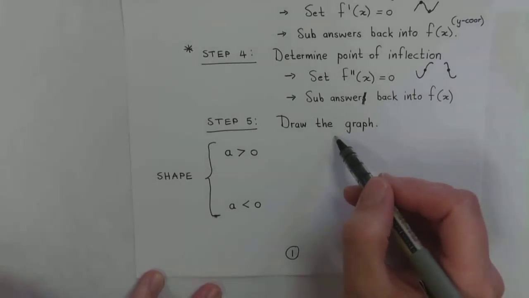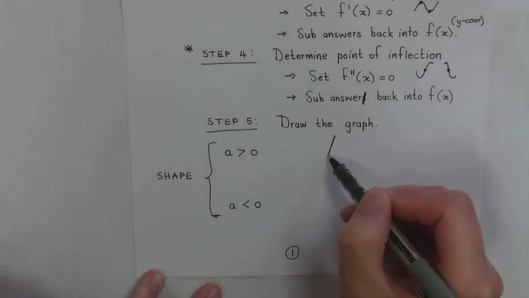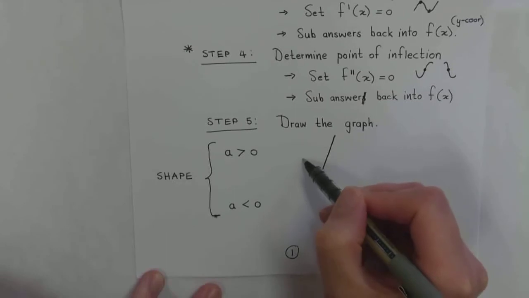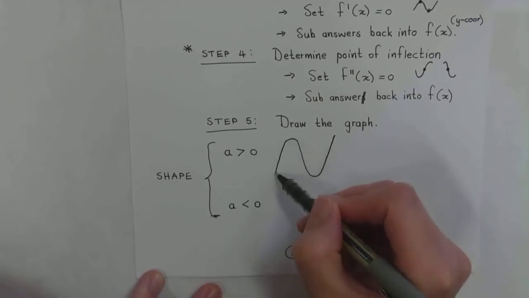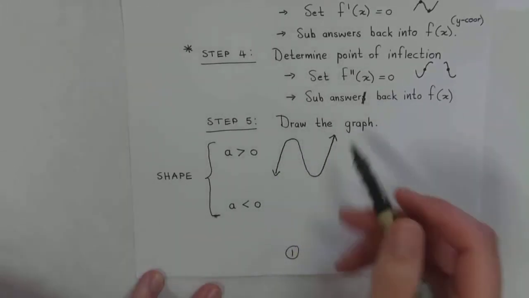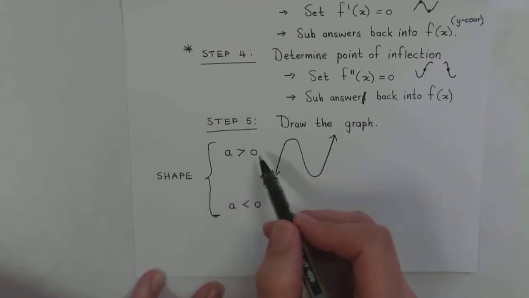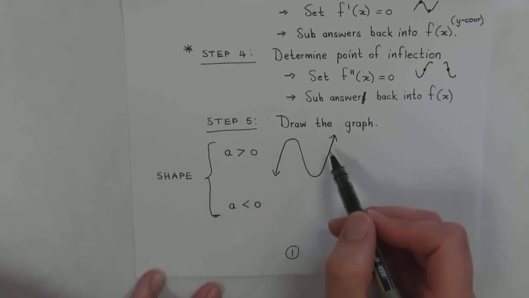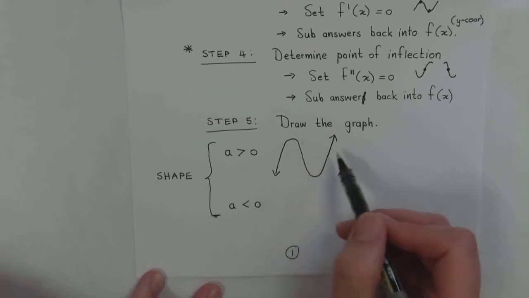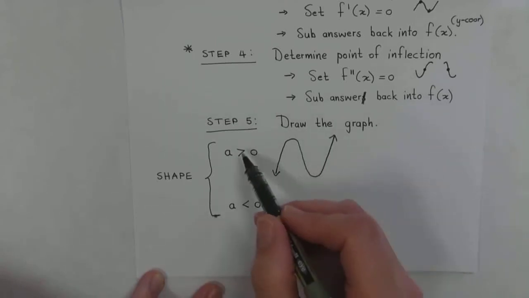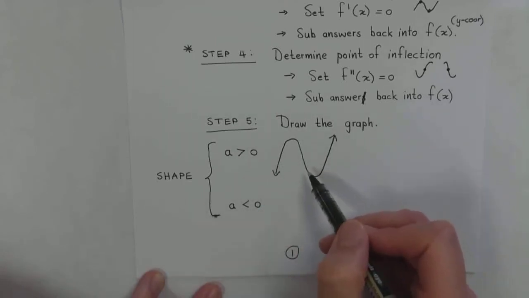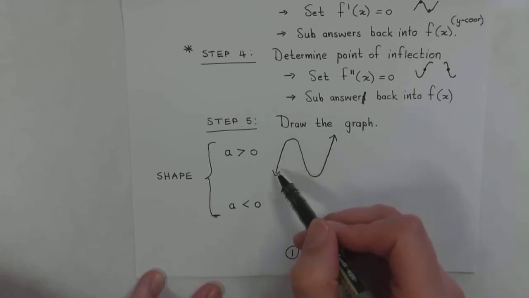But now I'm just going to add an extra turning point. That would be the shape of a graph where a is greater than 0. Specifically, we draw that just like we would the parabola that has a positive a value, and we just add on that extra turning point.